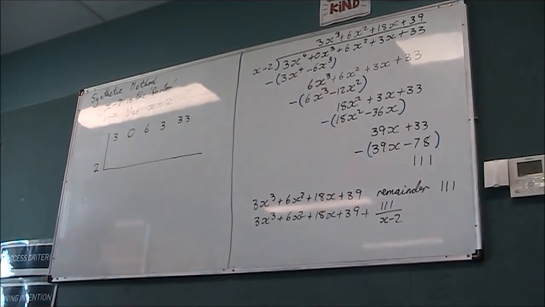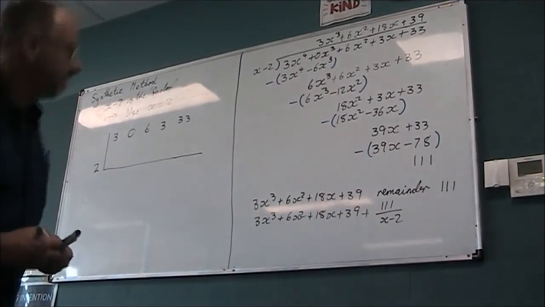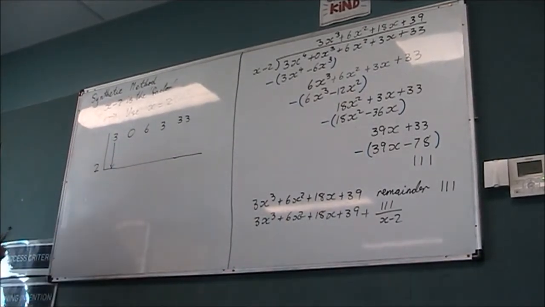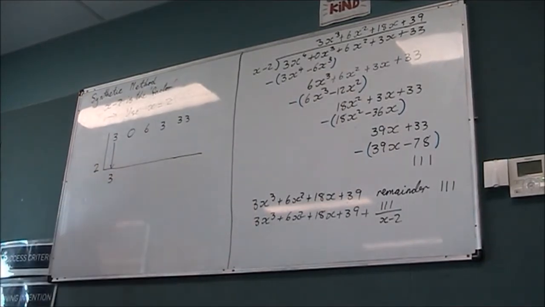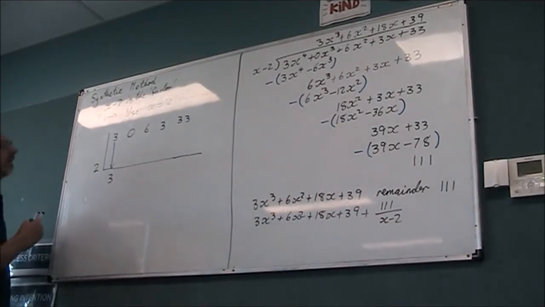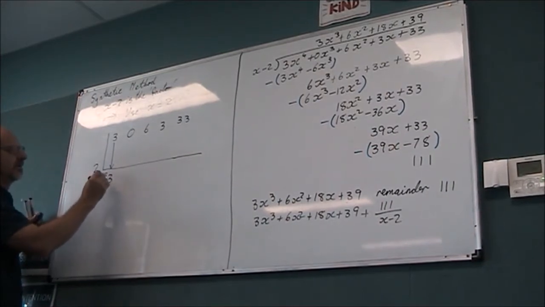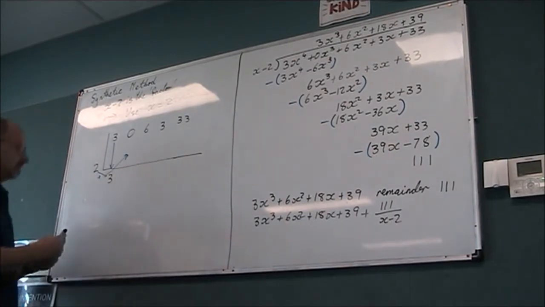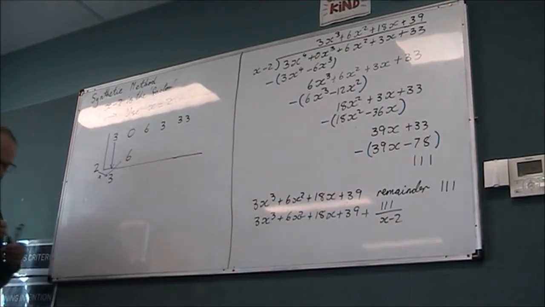So with our synthetic division, the number in the first column here, we bring it down. Then what we do is we go 2 times 3 and we put the answer there. So 2 3s are 6. So we put the number 6 here.